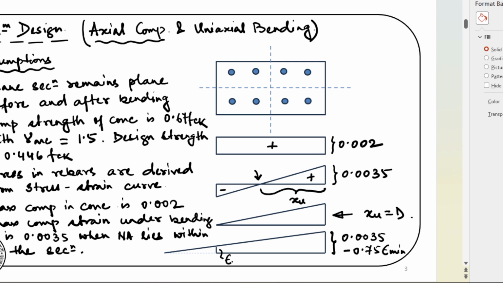We'll see why this is the case in a minute. But the assumption is that maximum compressive strain at the extreme fiber in compression is subjected to both compression and bending, where there is no tension in the section, and then the maximum strain is this quantity, 0.0035 minus 0.75 times epsilon minimum. So let us first see why that is the case, and then we'll move further.